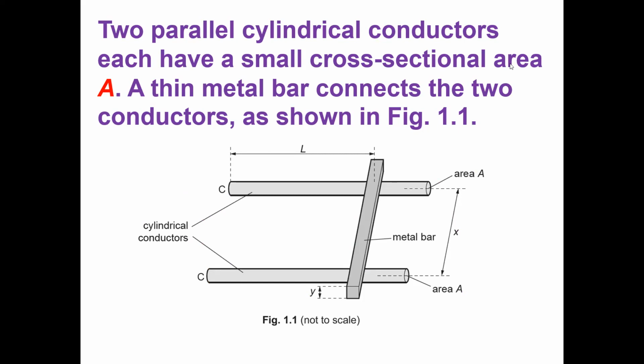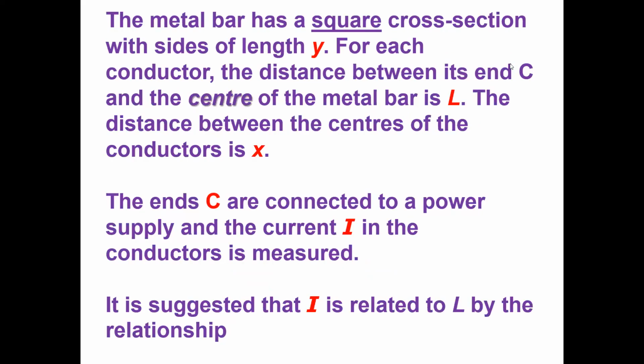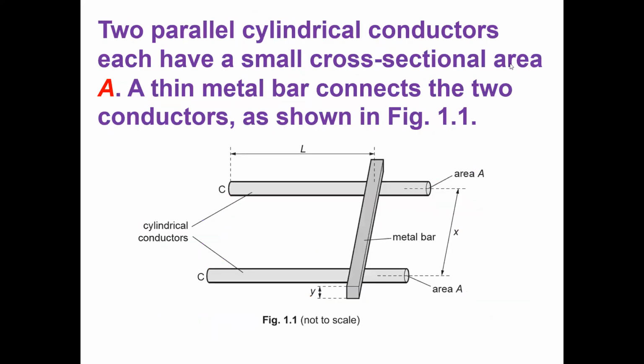This is the type of circuit. The metal bar has a square cross-section. For each conductor, the distance between its end C and the center of the metal bar is L. The distance between the centers of the conductors is x. Now the ends C are connected to a power supply. Look at the C, on the left side.